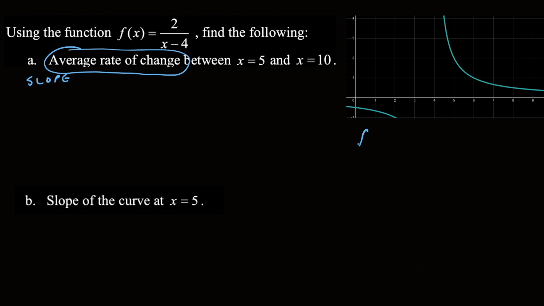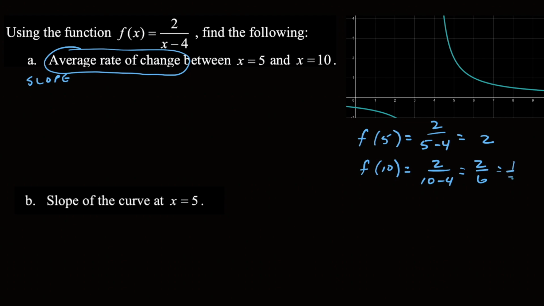So to find that slope, let's go ahead and find out what is f of 5. F of 5 is 2 over 5 minus 4, which is just 2 over 1, or 2. F of 10 is 2 over 10 minus 4, which is 2 over 6, or 1/3. So our slope is simply 2 minus 1/3 over 5 minus 10.